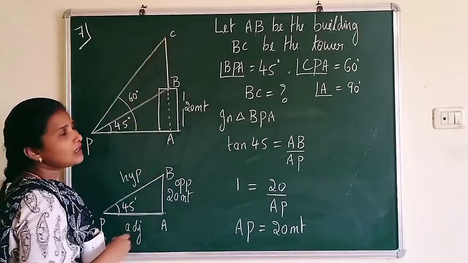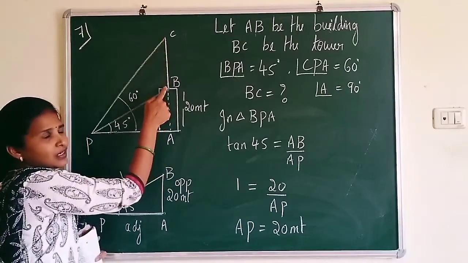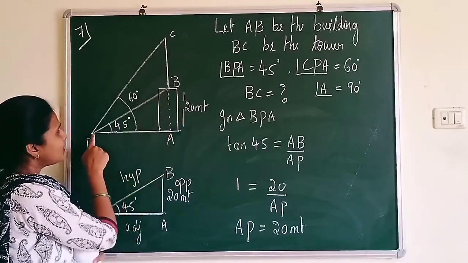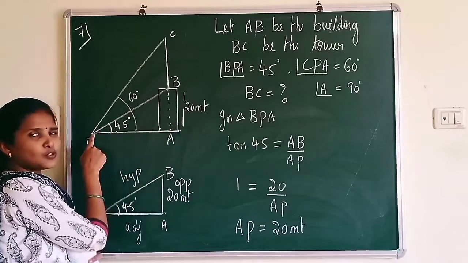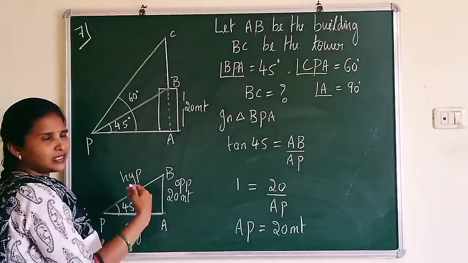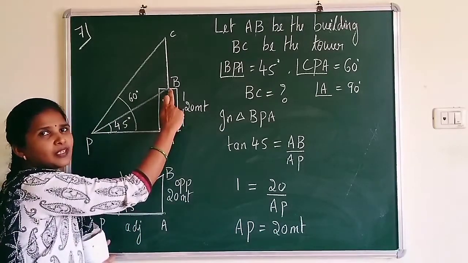Where is the tower here? The transmission tower is BC. BC is a transmission tower standing on the building, and from this point, imagine that there is no man here and you are observing from this point. So the down part they didn't mention. And from here you are observing the bottom of the tower.